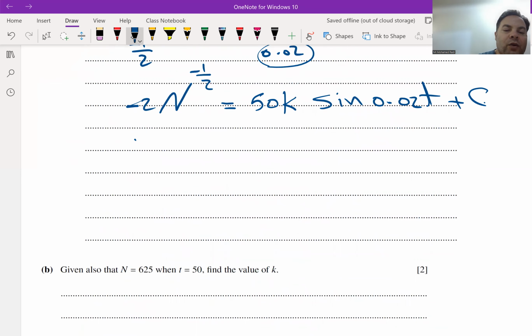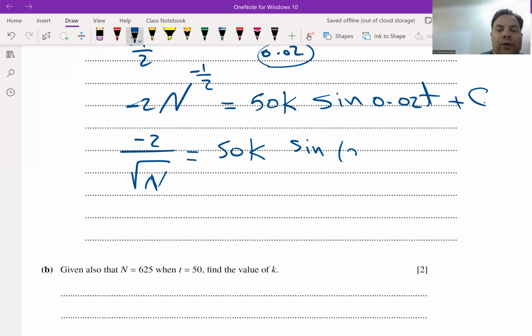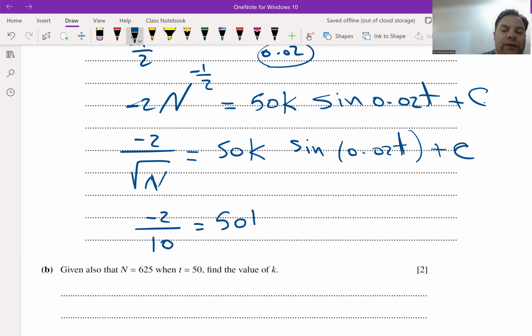Negative 2 over n to the power half, we can write it as square root of n, is equal to 50k sine 0.02t plus c. Now substitute n is 100: negative 2 over square root of 100, which is 10, is equal to 50k multiplied by sine 0 plus c.